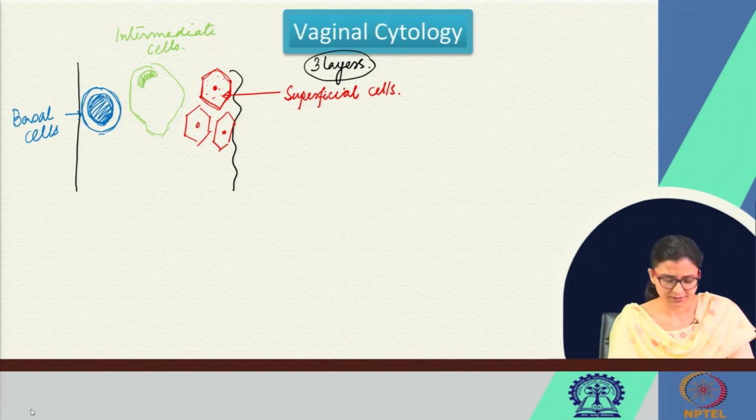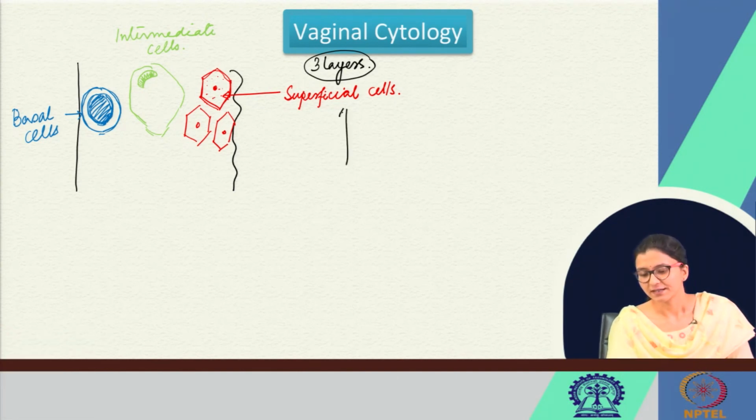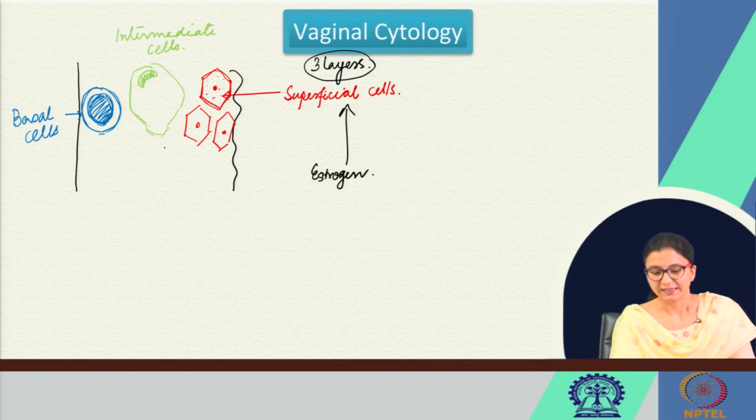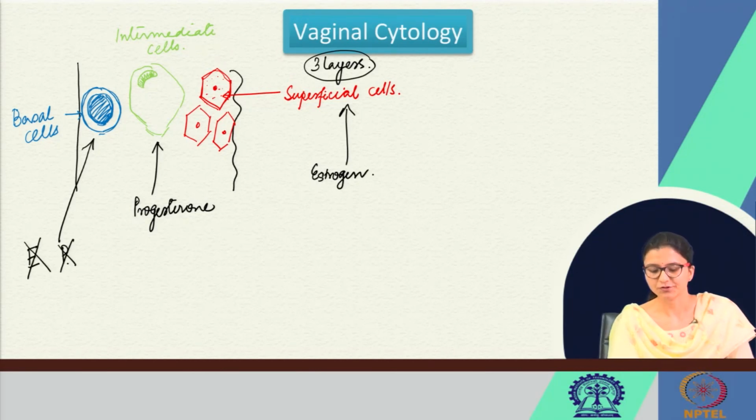Why is it important? Because the superficial cells respond to estrogen, intermediate cells to progesterone, and the basal cells appear in the absence of estrogen and progesterone.